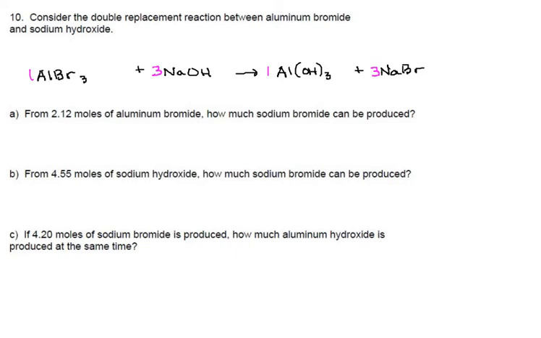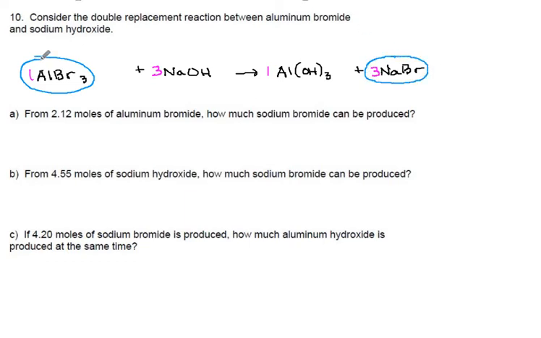And now let's see what they have for questions. From 2.12 moles of aluminum bromide, that's this, blah, blah, blah, sodium bromide. For the moment, all I care about is what ratio they want.